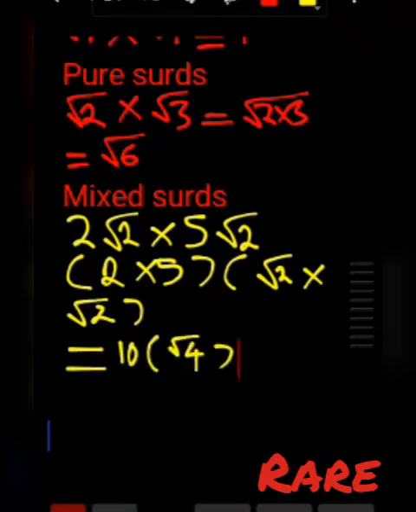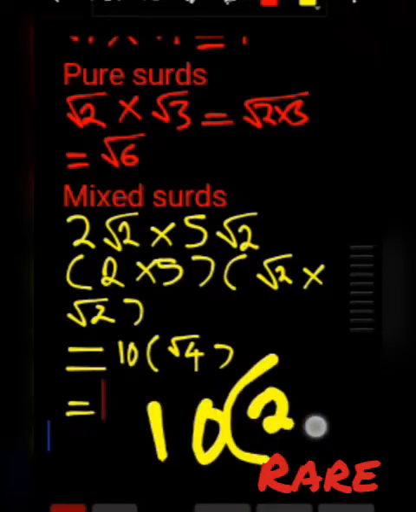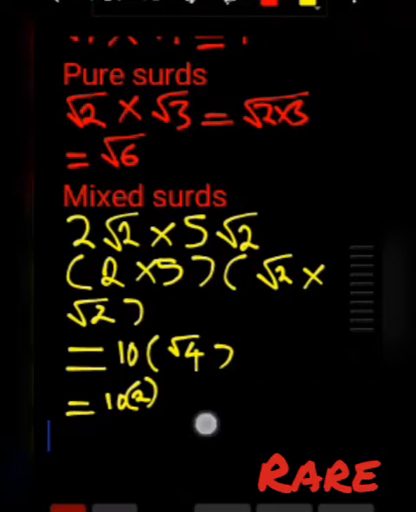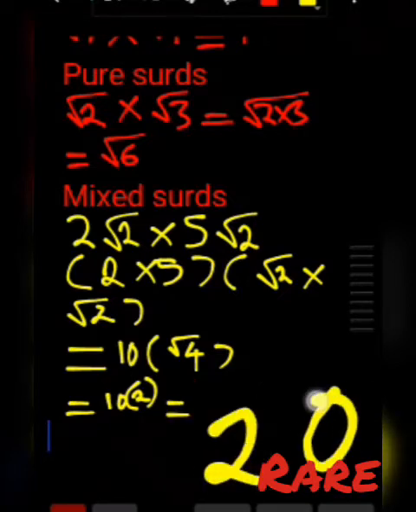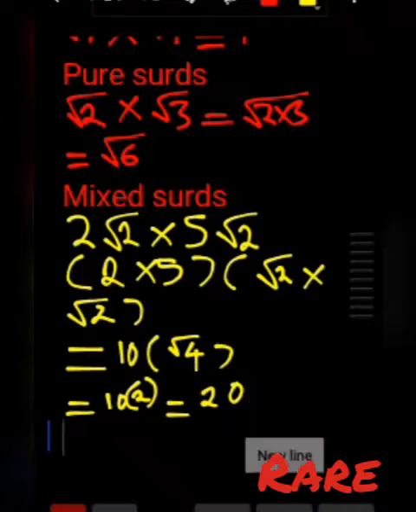This is simply 10 times 2, so the answer here is actually 20. This is how you can multiply mixed surds. Just follow the same rules of multiplication, then you are home and dry. So let's proceed.